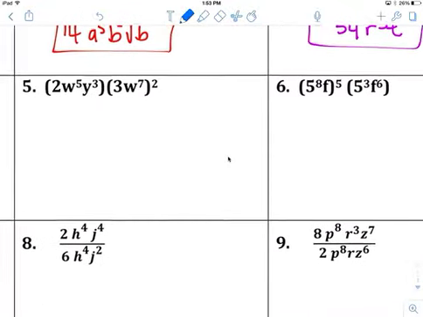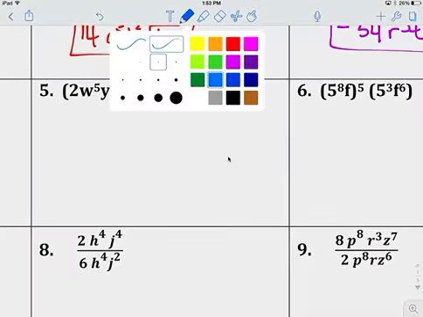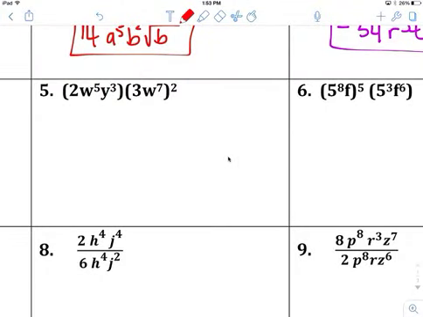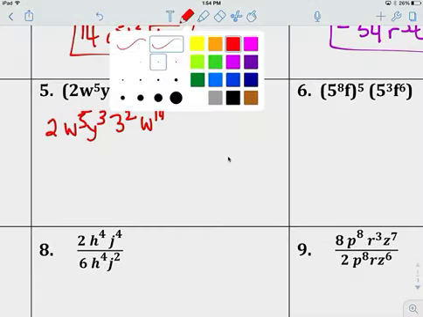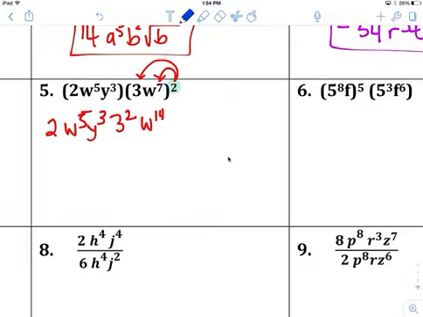Next one. Need to distribute that. W to the 14th, 3 squared. This is 2w to the 5th, y to the 3rd.